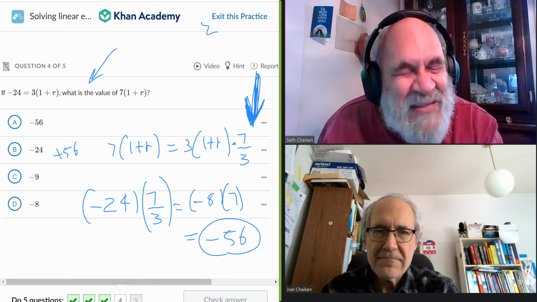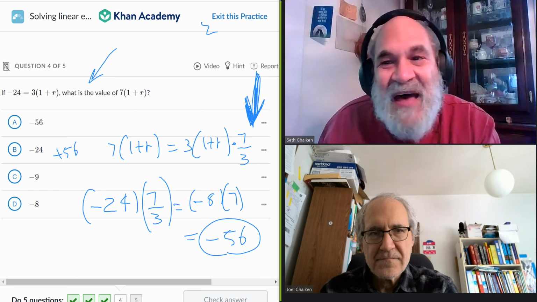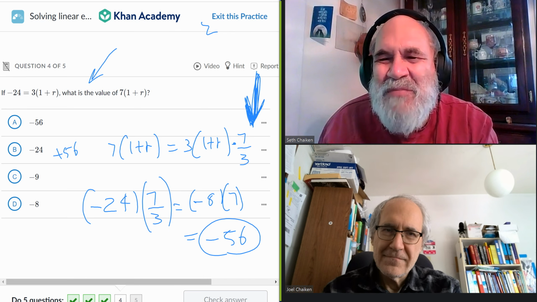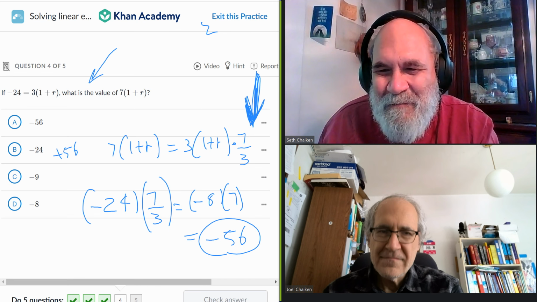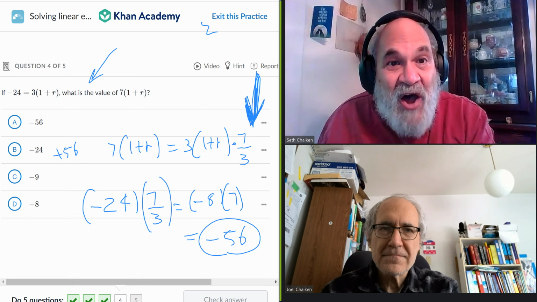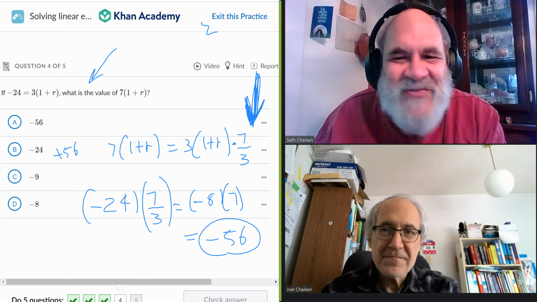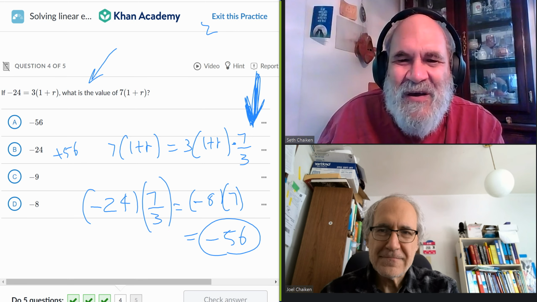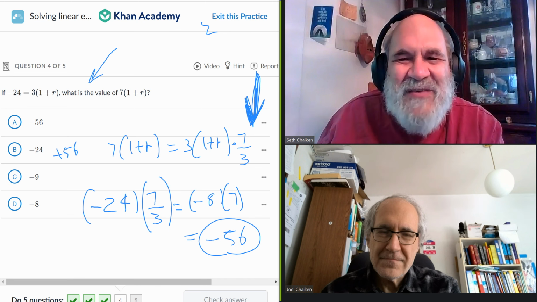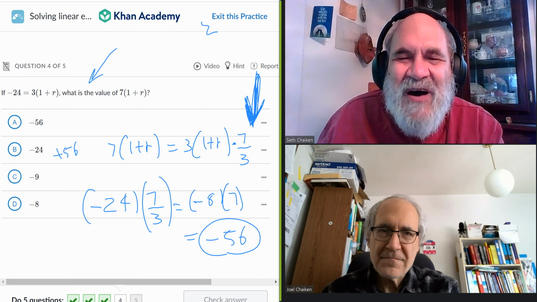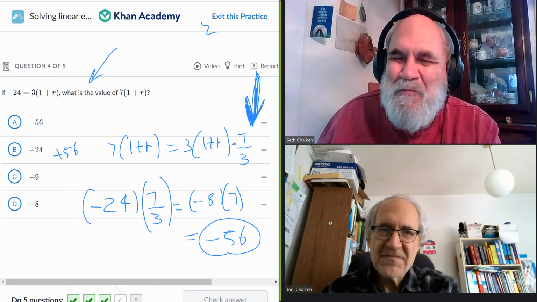It's not what is the value of r. It's not what is the value of 1 plus r. So don't go solve this equation for r. They don't ask for the value of r. They ask for 7 times 1 plus r. That's right.